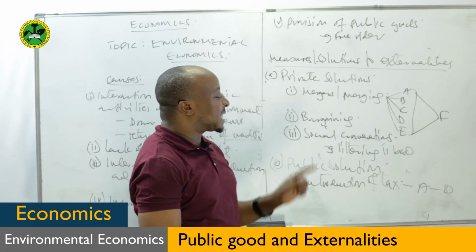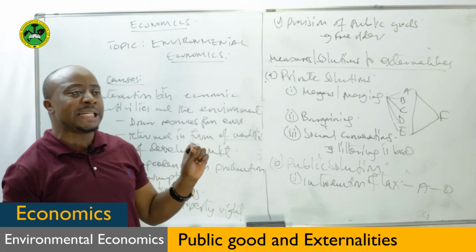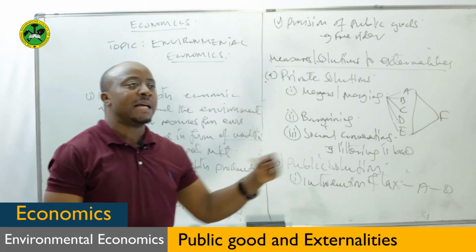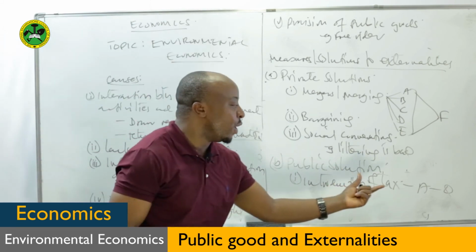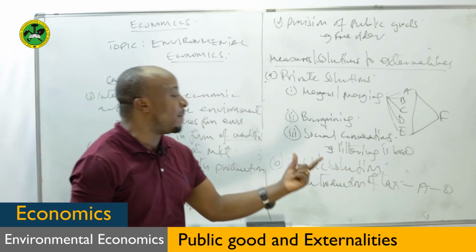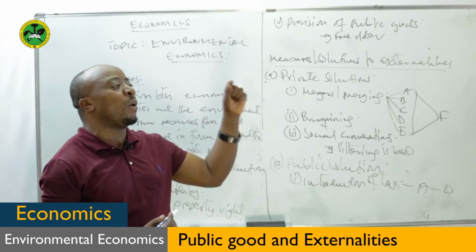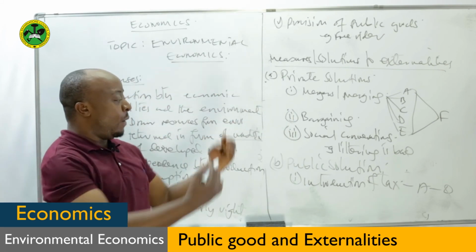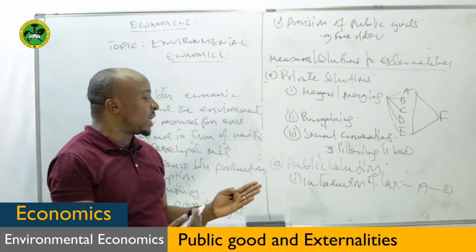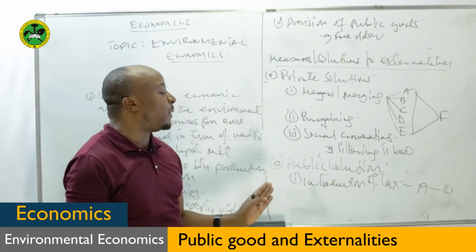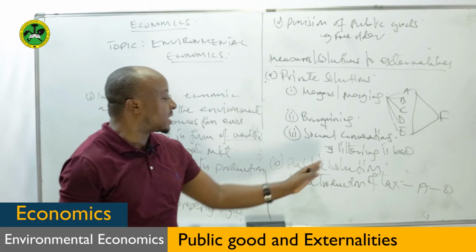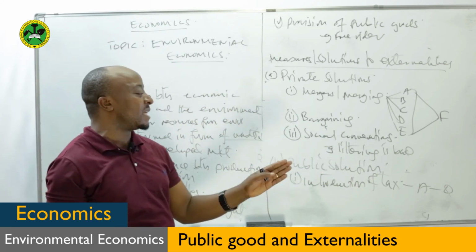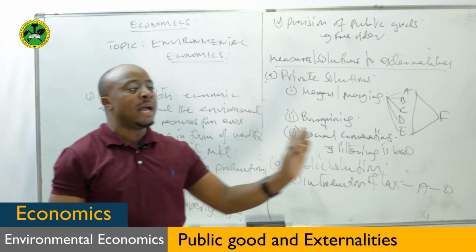For each output produced, there is a certain percentage of tax you have to pay. This will be used as an incentive to discourage this firm from increasing pollution or increasing production. In that case, we can minimize pollution or externalities by imposing tax. Tax can have positive and negative effects, but it is very useful in controlling externalities.